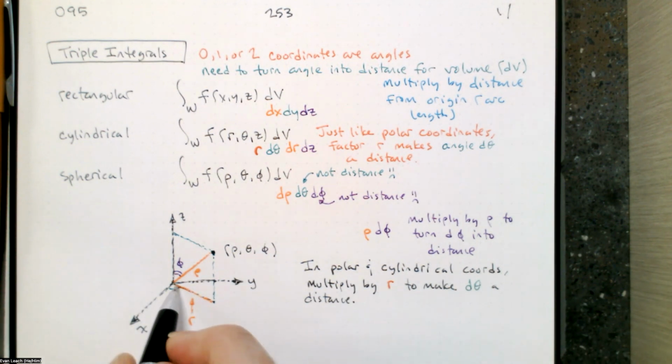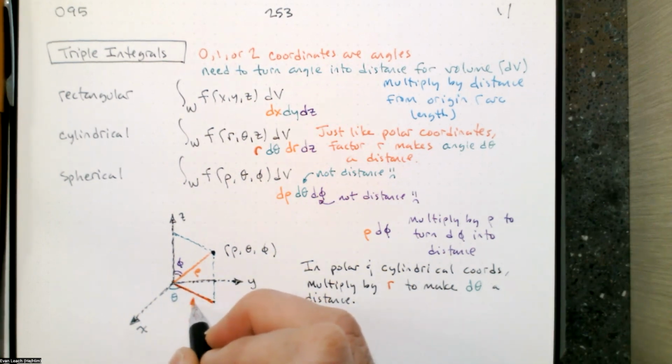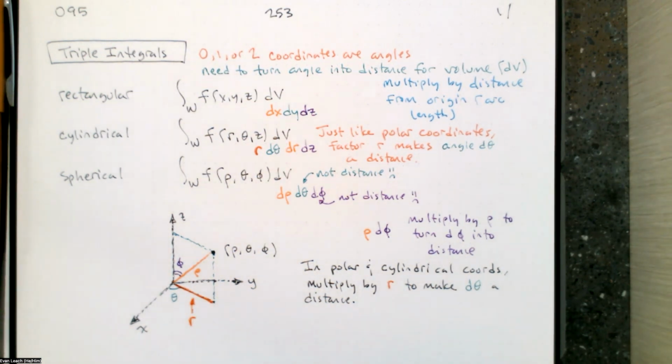But in this coordinate system, I get rho, theta, and phi. In spherical coordinates, there is no r.